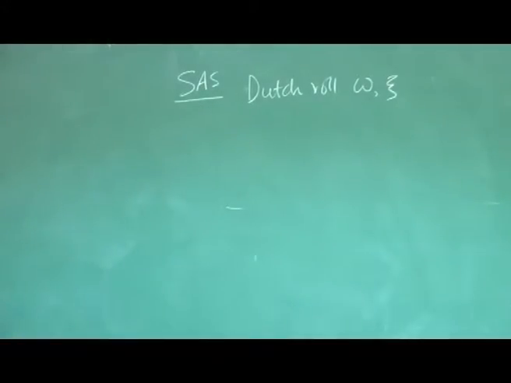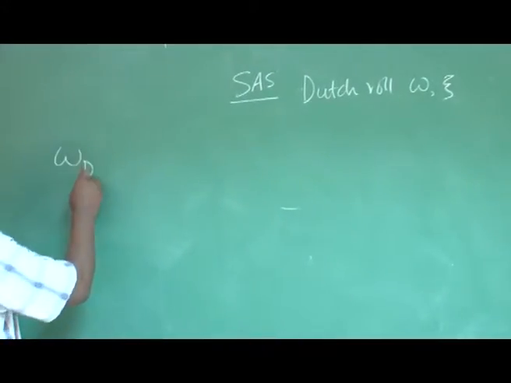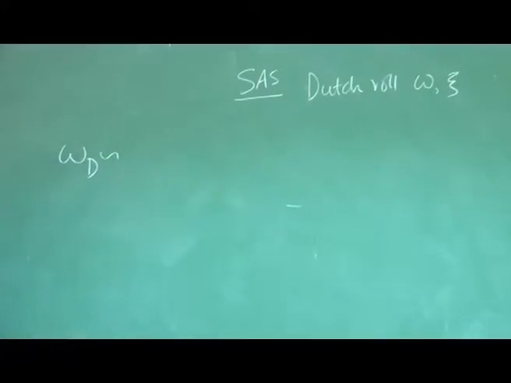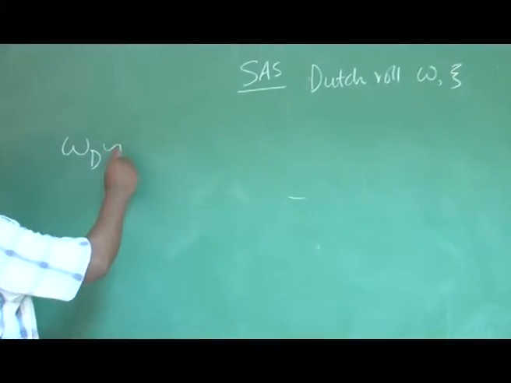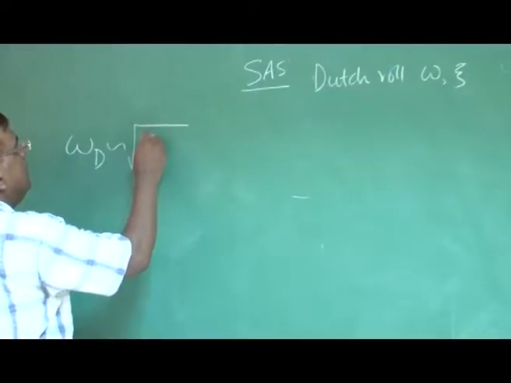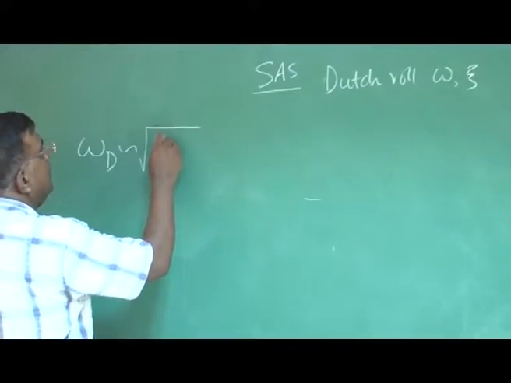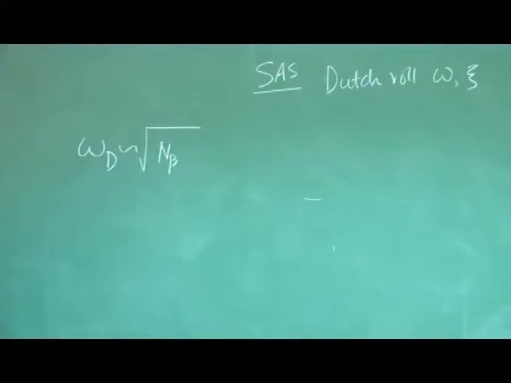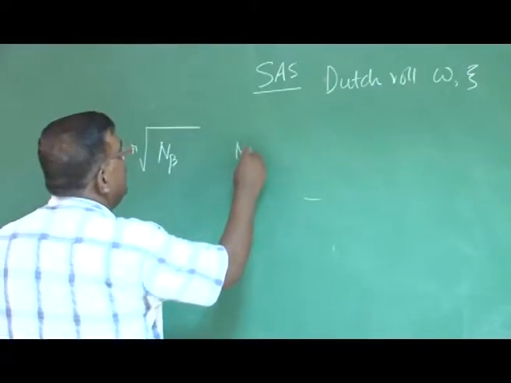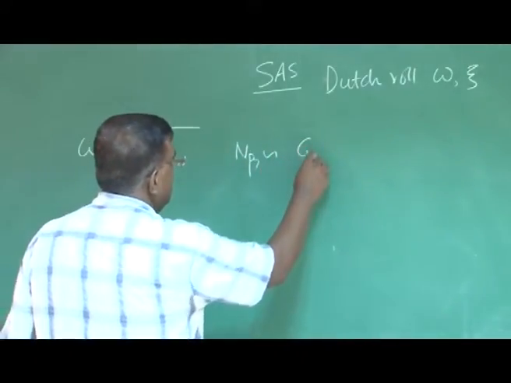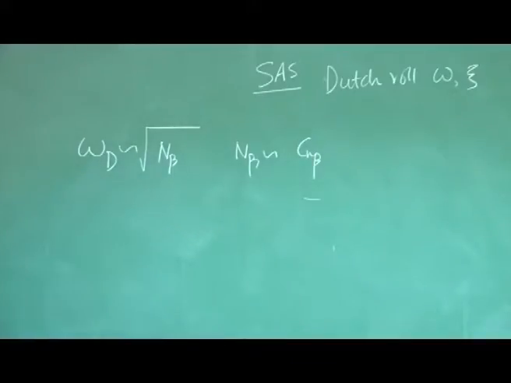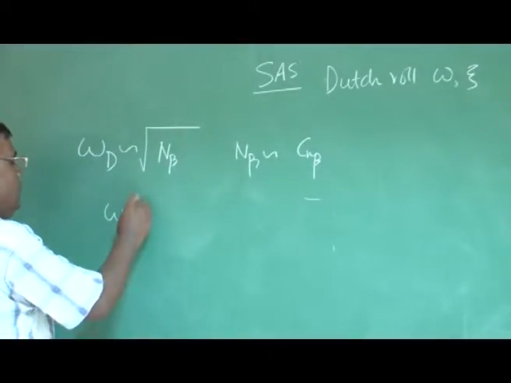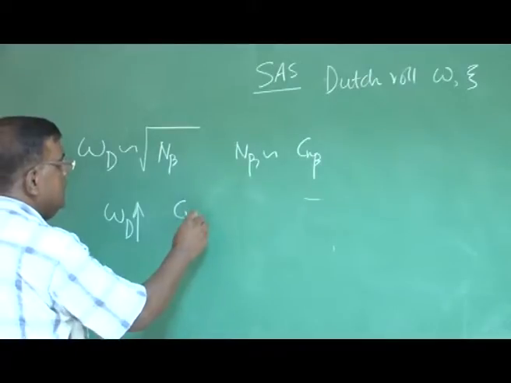We have seen from the first-order analysis that omega d is directly proportional to square root of n beta in one dimension, and n beta is half rho v square S b Cn beta by I zz. So if I want to increase omega Dutch roll, I have to increase Cn beta.